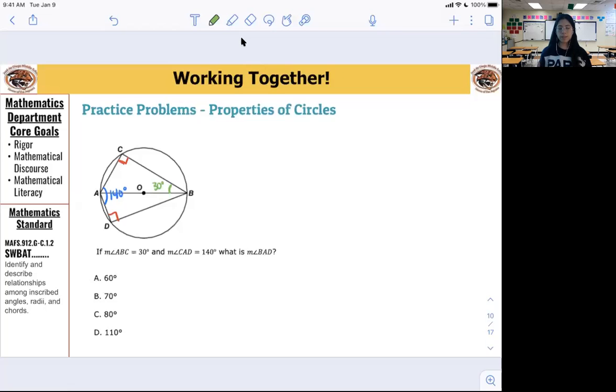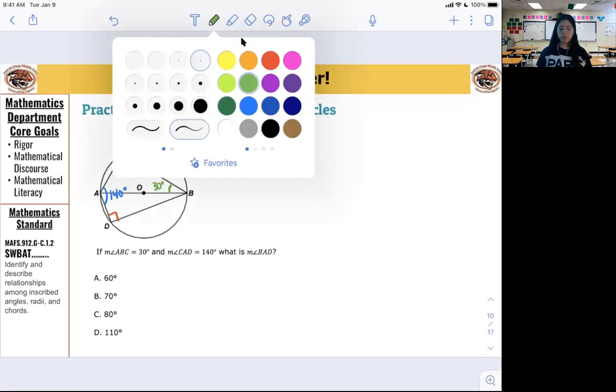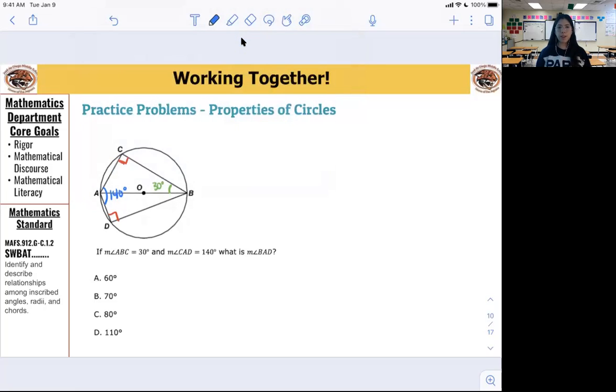Arc CD. Which one's arc CD? There's two possible CDs. Is it CAD or CBD? CBD. How much would be CBD?